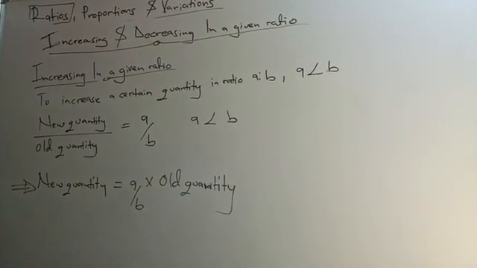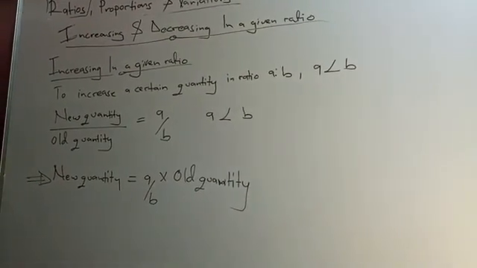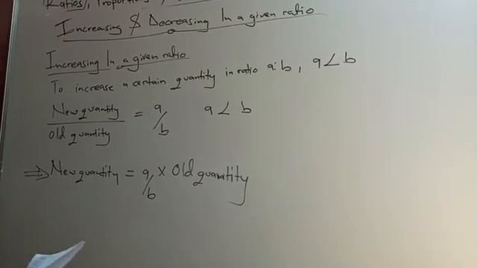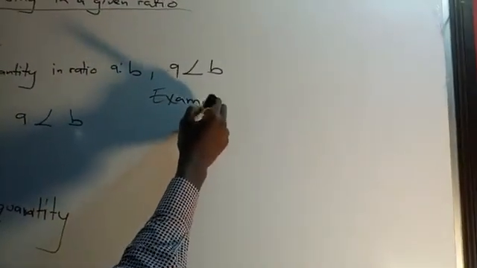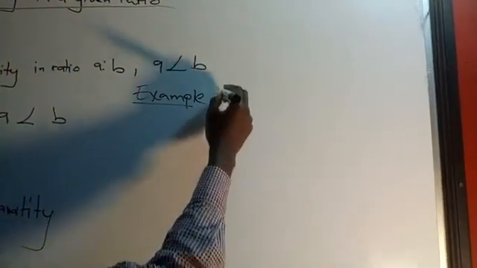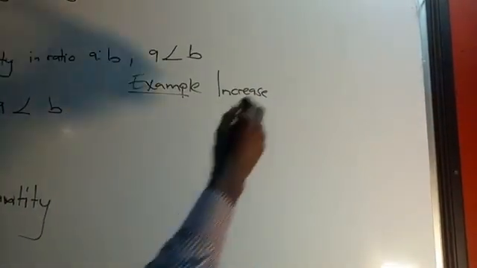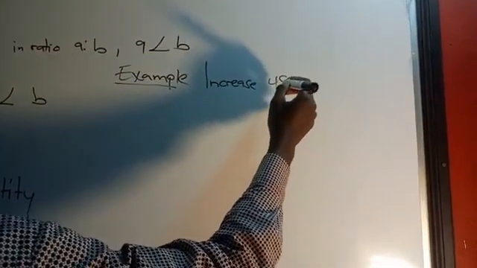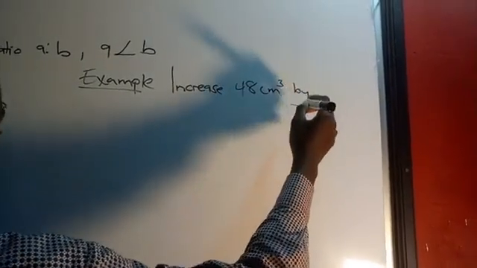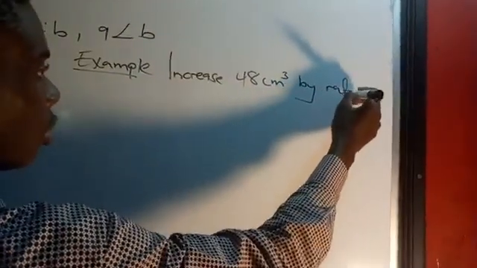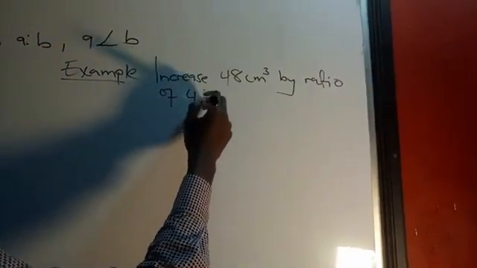We can be given a simple example from that, which is, let me write it here, which says increase 48 centimeter cubed by ratio of 4 to 3.